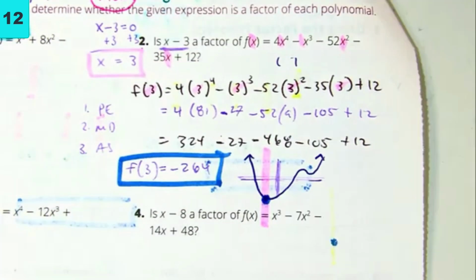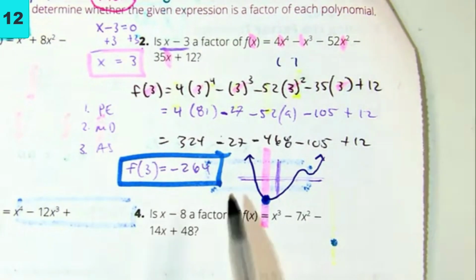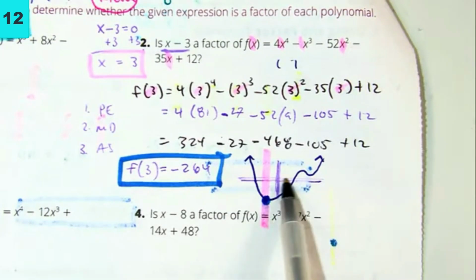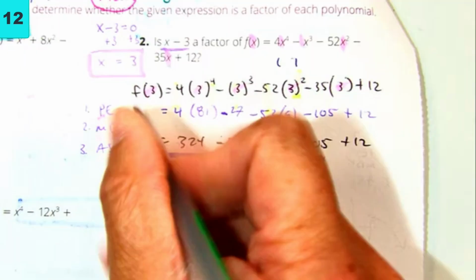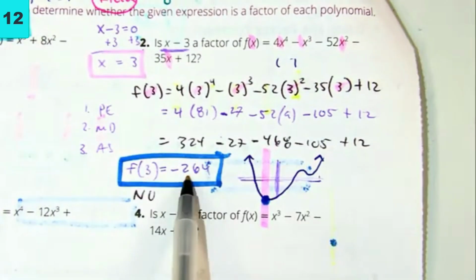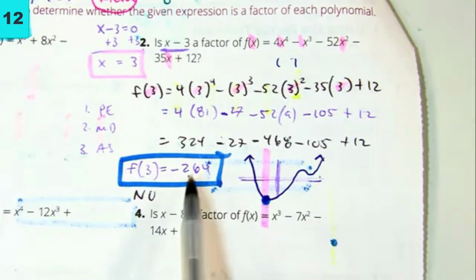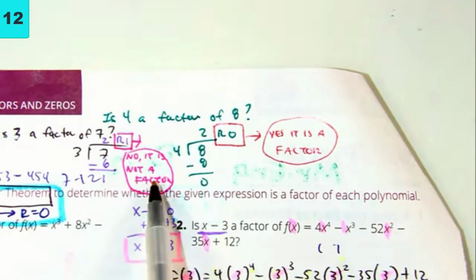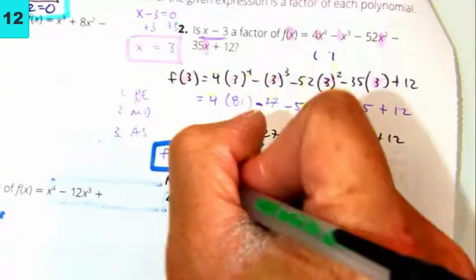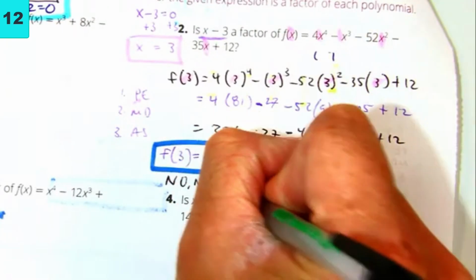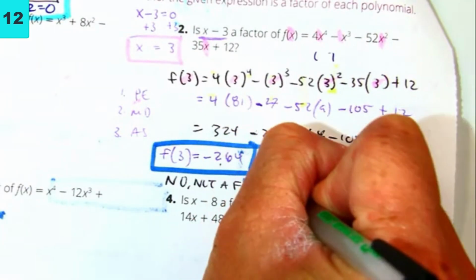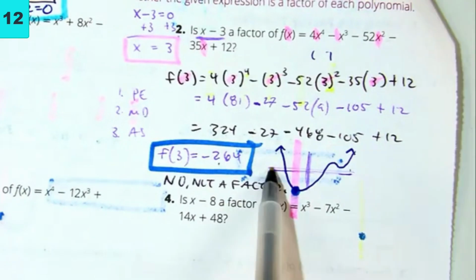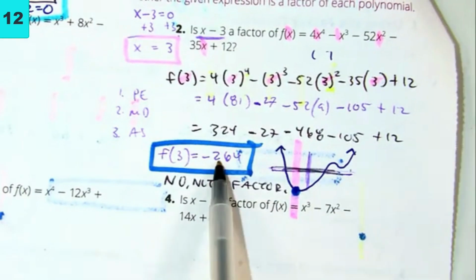Class, does that cross the x-axis? Yes or no? No. Class, is this number equal to 0? No. So if it's equal to a different number, it's what? Not a factor. So 2 ways to explain to you why the answer is not a factor. It doesn't cross the x-axis, and this number is not equal to 0.